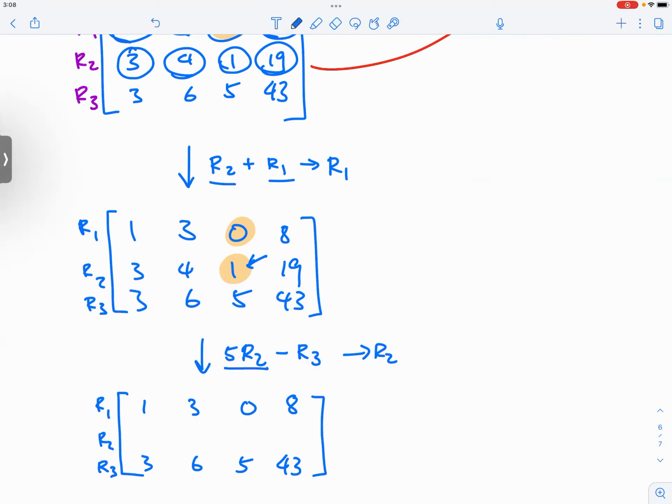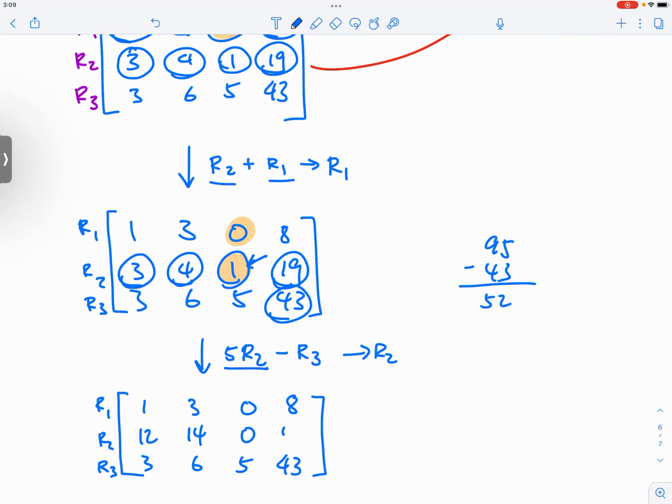It should be 5 times 3 minus 3, it's 12, yeah. 5 times 4 minus 6, which is 20 minus 6, it's 14. 5 times 1 minus 5, which is 0. 5 times 19, which is 95, minus 43. 95 minus 43, it's a total of 52.